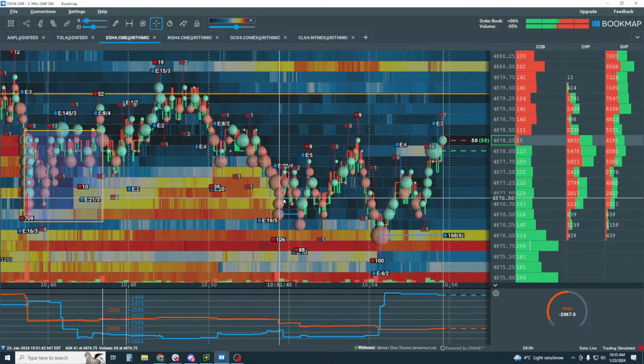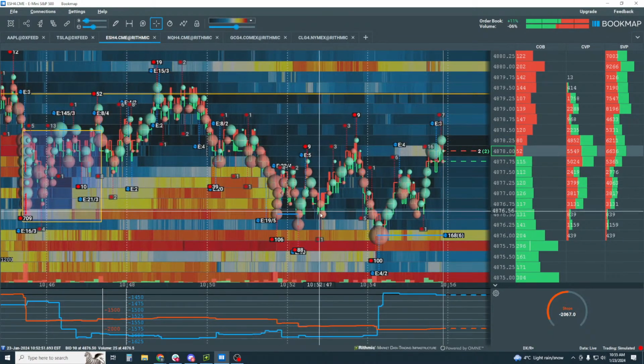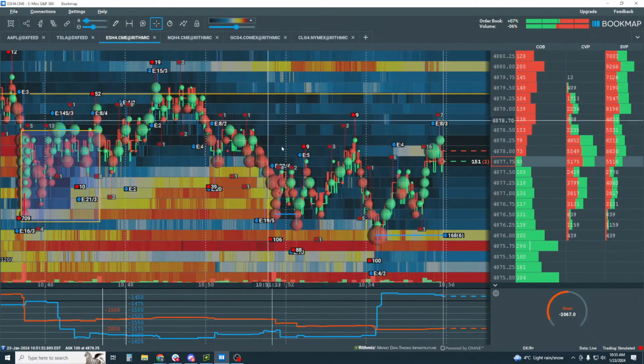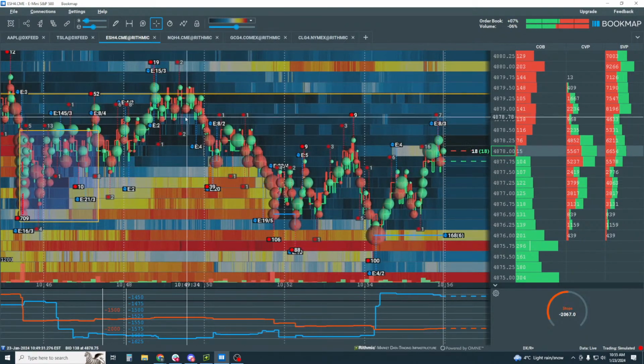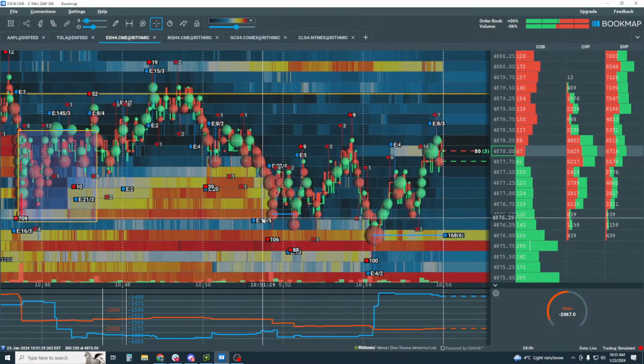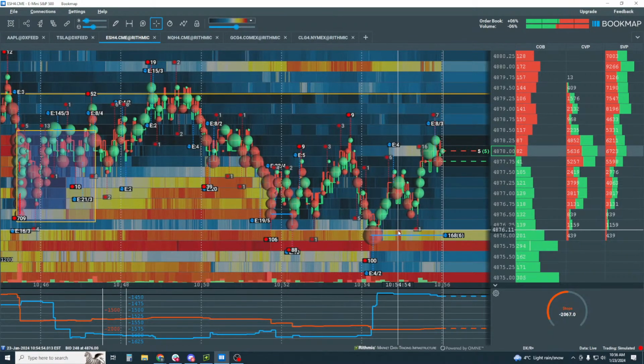So you can start to evaluate from the behavior here, in this context between the buyers and sellers, when it is more likely for that move to unfold.